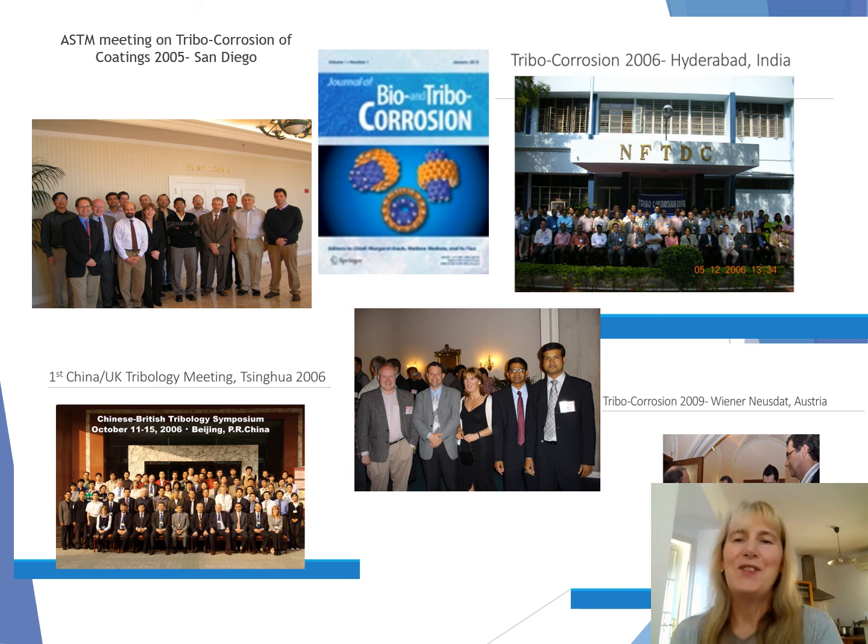I'd like to say a few things about some of the work we do on the Tribo-Corrosion network in Glasgow. From Strathclyde, we run international meetings, and we have an international meeting series on Tribo-Corrosion. We also have a journal in Tribo-Corrosion. It's the first journal of Tribo-Corrosion internationally, set up in 2015, and it published over 150 papers last year.